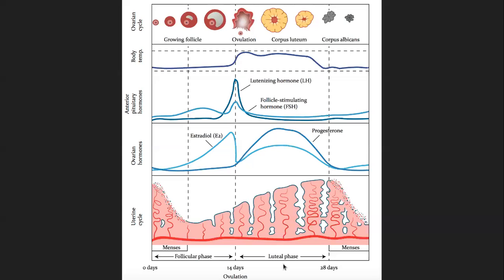And I have one more diagram which again shows the same thing, just the number of days are mentioned in a better way. That's it, nothing different. One of the things that you should see here is that these would be LH and FSH. Again, you might see this difference in the level.